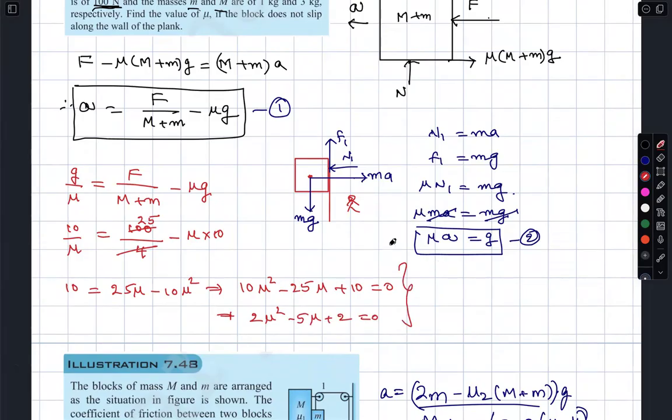It will have two roots. What are the roots? 5 plus or minus, plus 16, and then 4AC. B square minus 4AC.